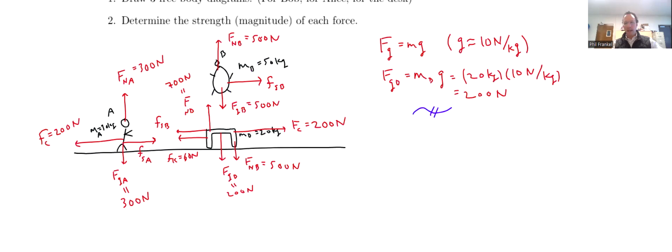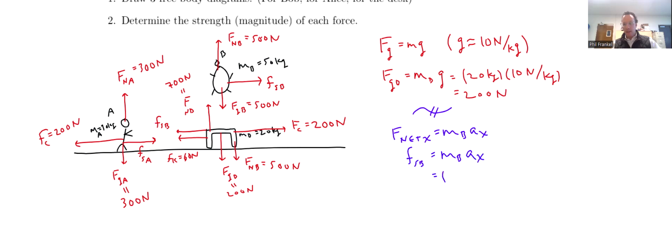Well, what if I apply Newton's second law in the x direction to just Bob now? Well, in the x direction, there's only one force acting on Bob. It's a positive force of static friction that the desk exerts on Bob. And I don't know its value, but I do know that Bob's mass is 50 kilograms.